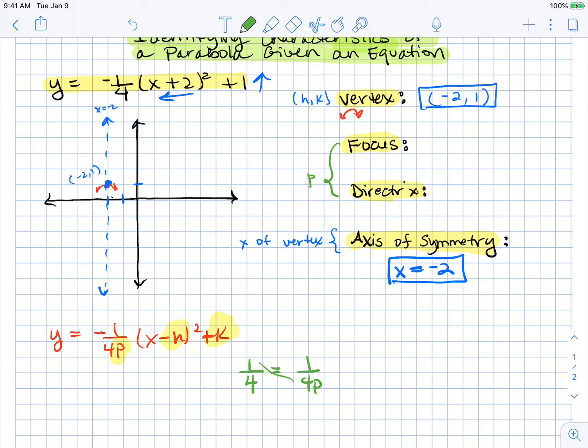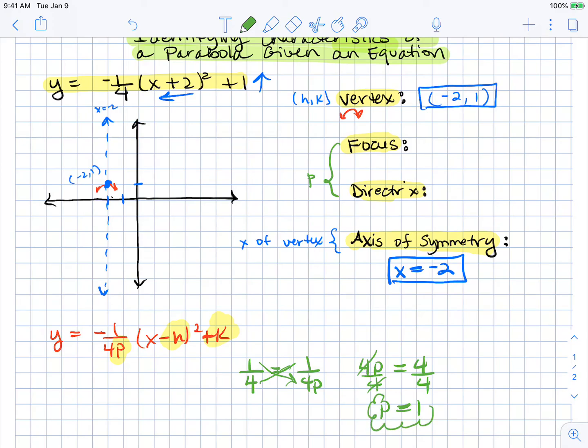If I do my cross multiplication, I have 1 times 4p, which equals 4p, and then 4 times 1, which is 4. And I solve for p, I get p equals 1. Okay, so if I know that p equals 1, I can use that information.